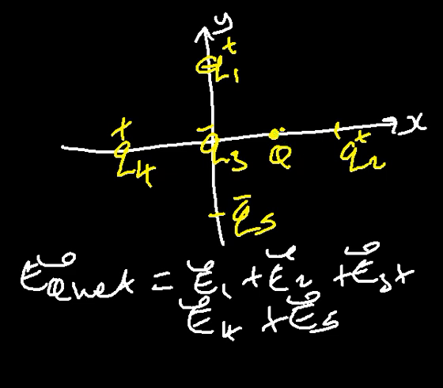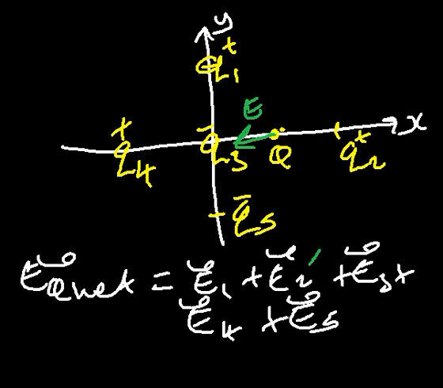And let's go for E2. We are saying it is towards this direction, so we'll resolve it into two components. The x component is negative, as well as the y component, of which the x component will be the same as this, only that it will be negative.